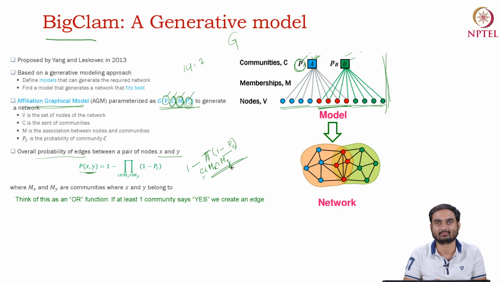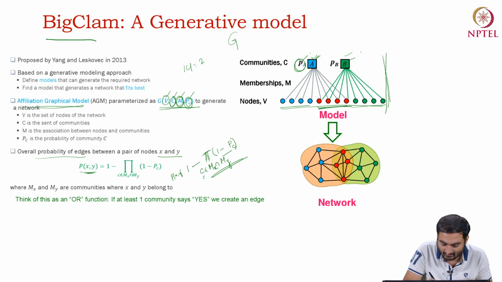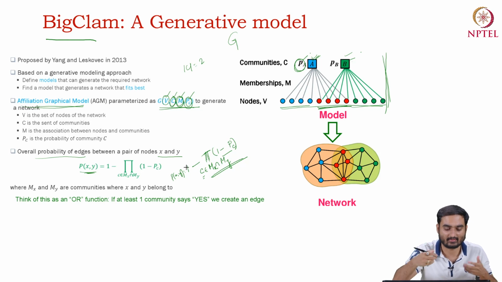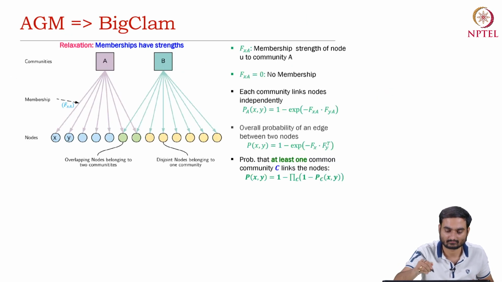Then the answer is yes. So, 1 minus this will be the probability that X and Y will be connected due to at least one shared community C. So this is about the community affiliation model, or affiliation graph model.